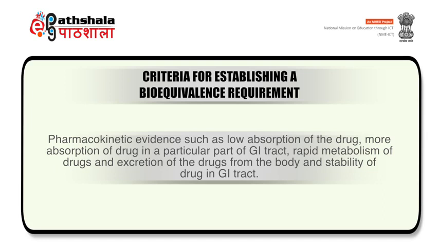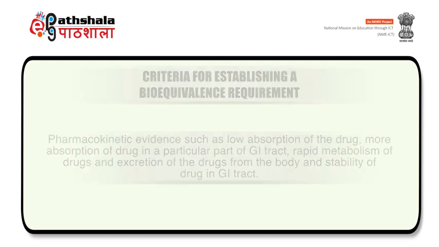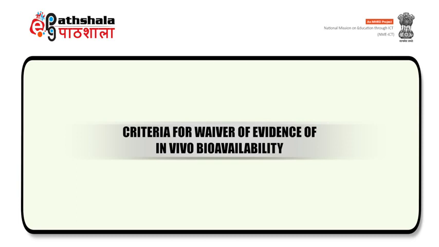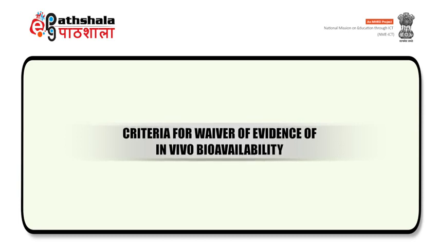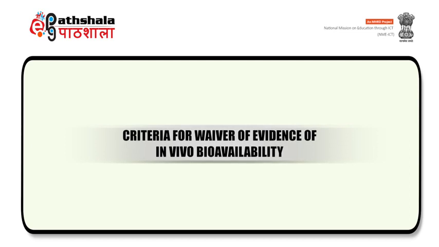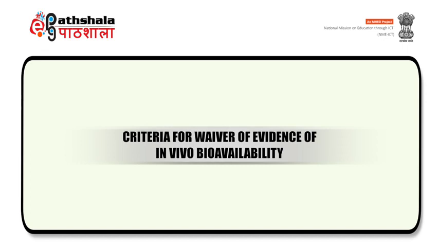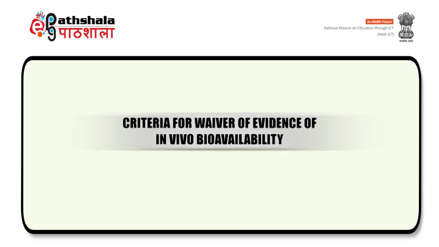Pharmacokinetic evidence such as low absorption of the drug, more absorption of a drug in a particular part of the GI tract, rapid metabolism of drug, and excretion of the drug from the body, and stability of the drug in GI tract. The criteria for waiver of evidence of in vivo bioavailability is: if the drug product meets any one of the following criteria, then FDA waives off the requirement for in vivo bioavailability study of a drug.